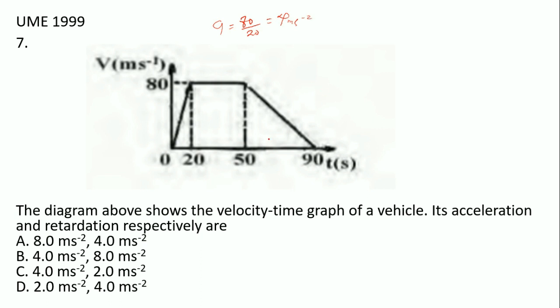Then the retardation will be change in the velocity, 80, divided by the time it took for that change, and that will be 90 minus this, which will be 40, and that will be 2 meters per second square. So we will be having 4 and 2, which will be option C.